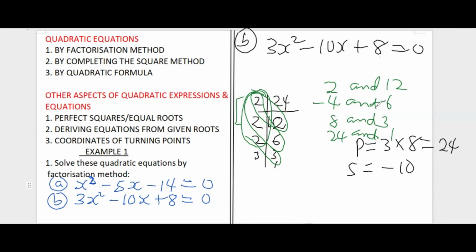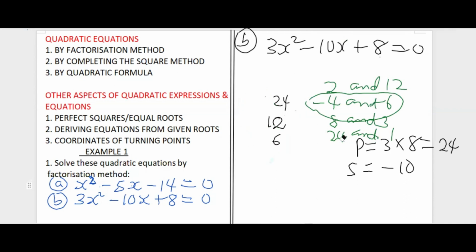Minus 4 and minus 6. Minus 4 times minus 6, minus times minus is plus, 4 times 6 is 24. That will satisfy this. And minus 4 plus minus 6 is minus 10. So we are going for this to replace the middle term here.